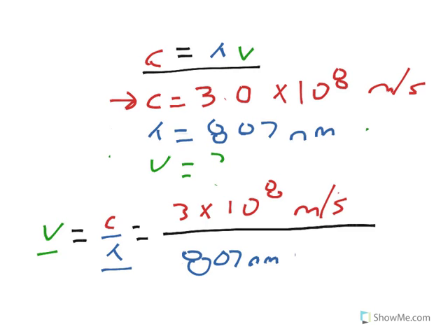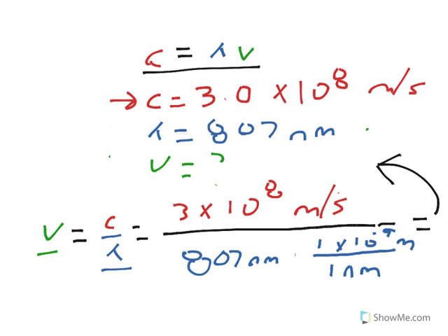So we can write a conversion factor. That is 1 nanometer is equivalent to 1 times 10 to the negative 9 meters. And then you can simply plug that into your calculator and get your frequency for that wave.